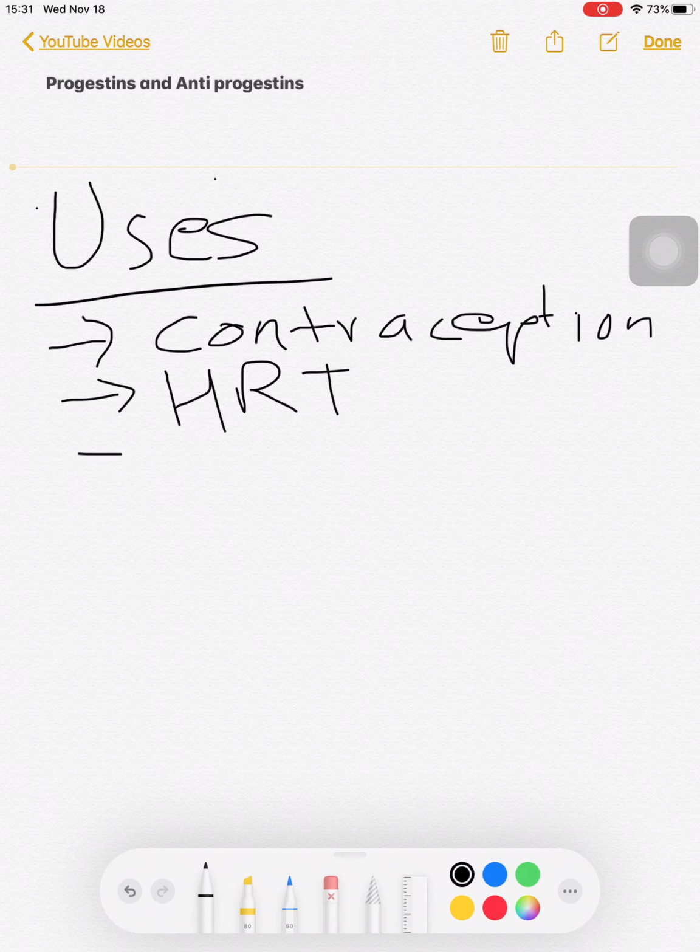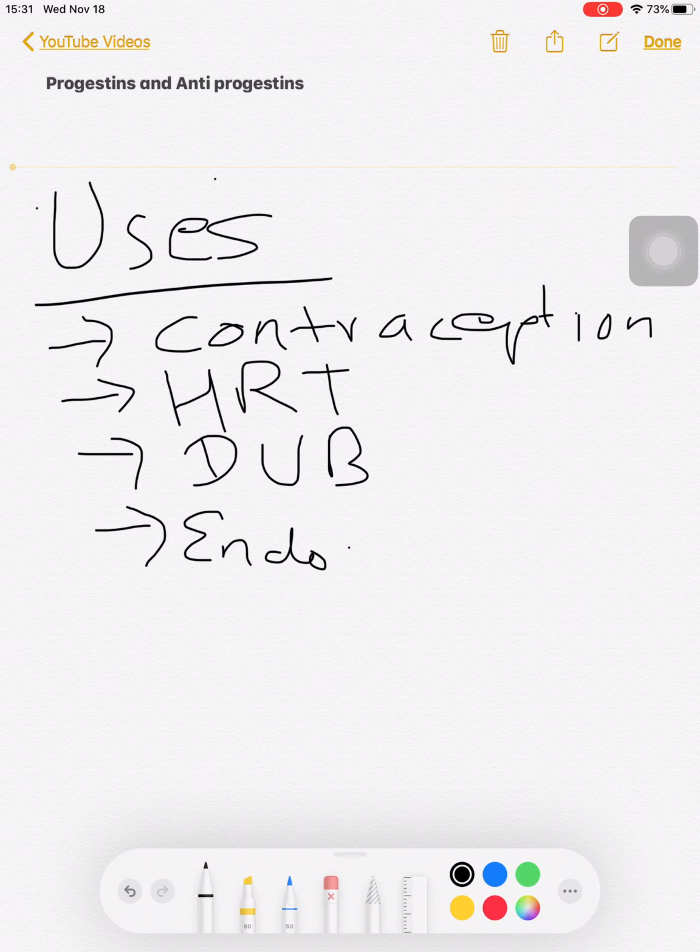The third point is dysfunctional uterine bleeding. The fourth point is that it is also used in endometriosis.